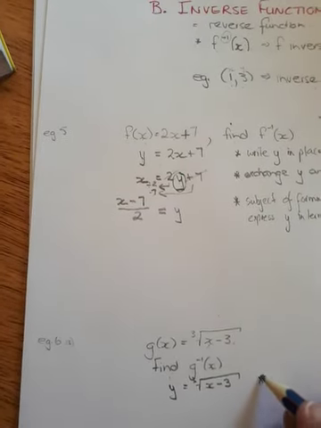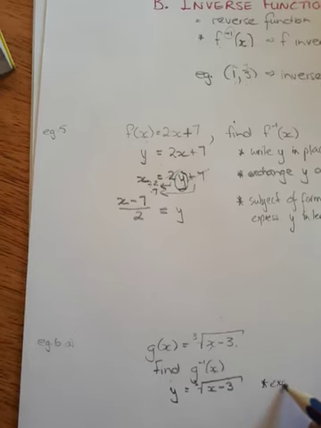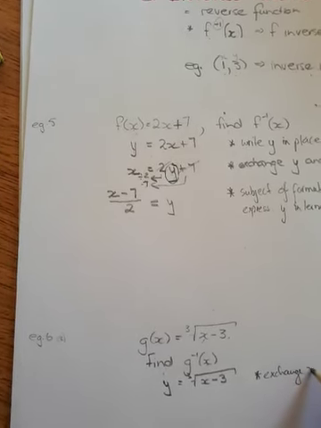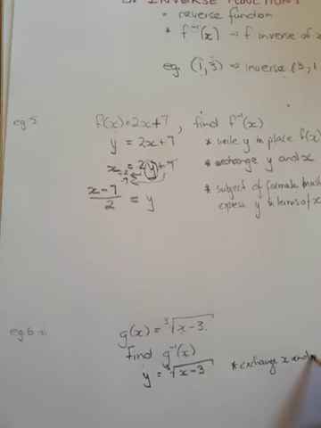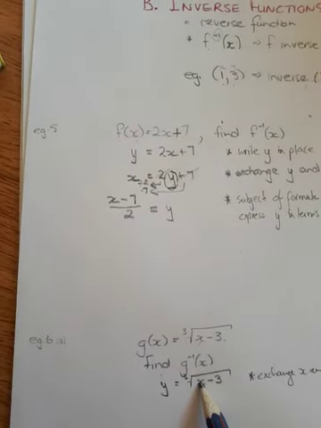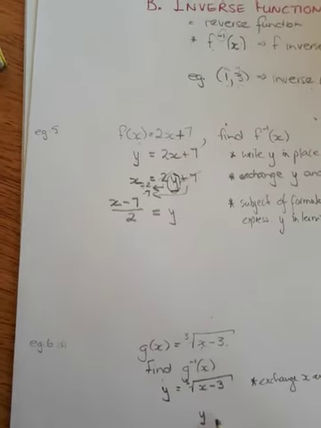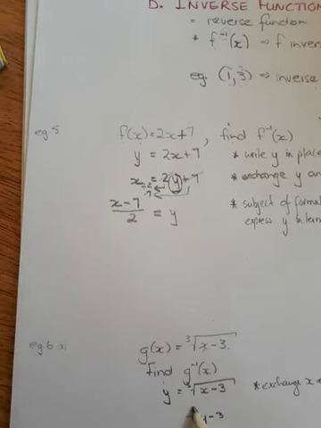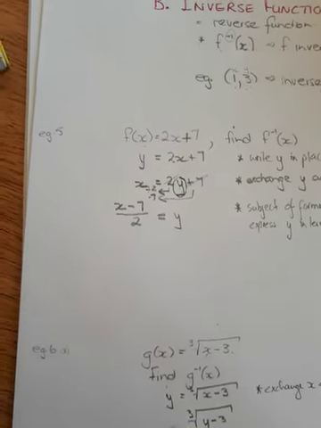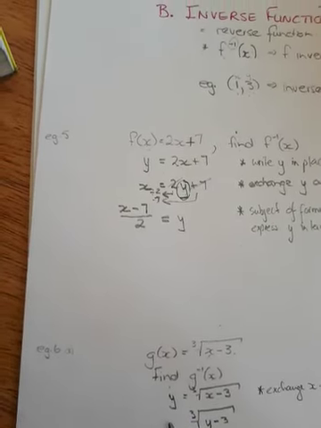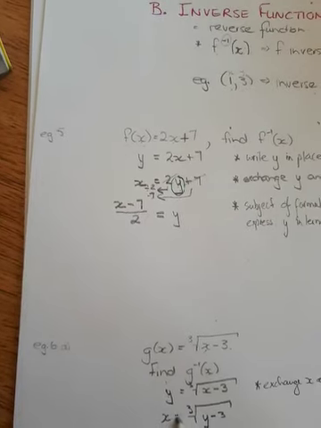Then the important step is exchange x and y. So in the place of x, I'm going to write y minus 3, which is the cube root, right? And in the place of y, I'm going to write x equals.